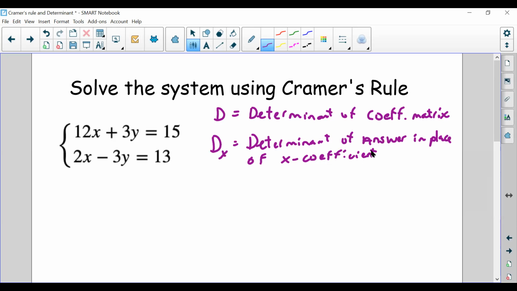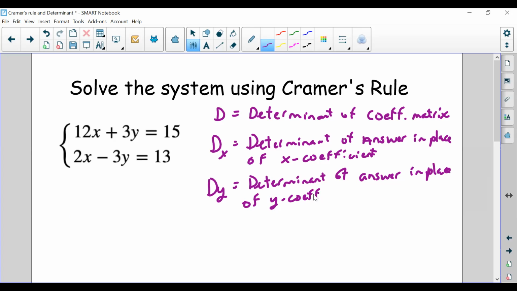And as I work through the example, this might make more sense. And D of Y will be similar, the same thing. It's the determinant of when you replace the answer in place of the Y coefficients.